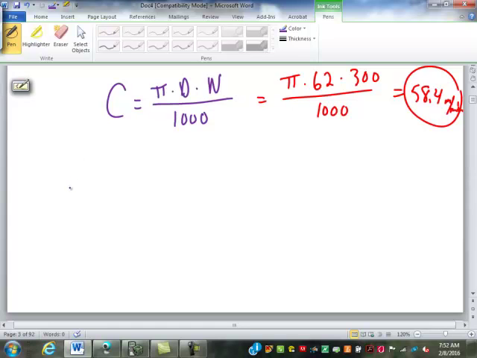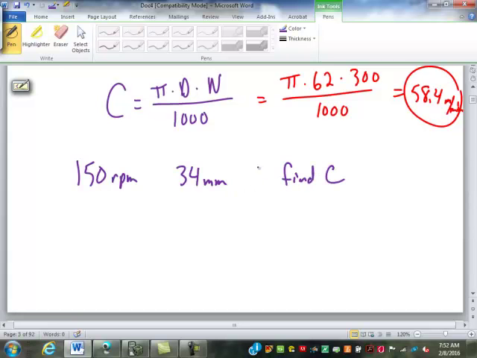So let's say you're running at 150 RPM with a 34 millimeter mill.